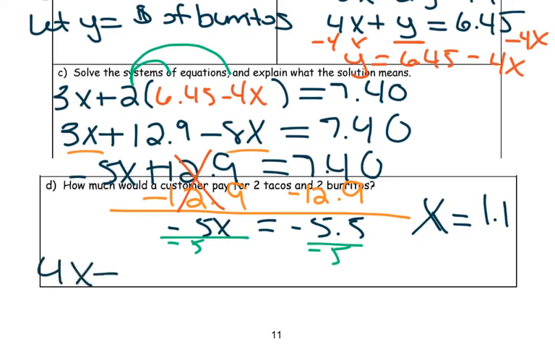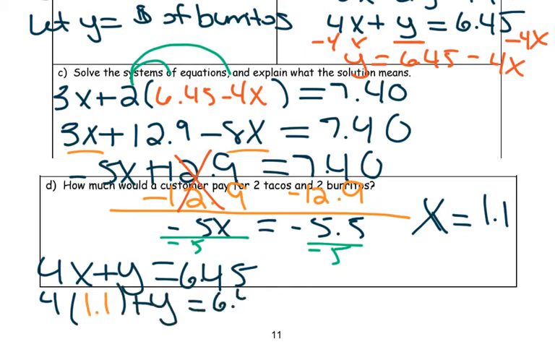So 4x plus y equals 6.45. And notice I'm using the original equation, not the one that we manipulated. So then I would have 4 times 1.1 plus y equals 6.45.